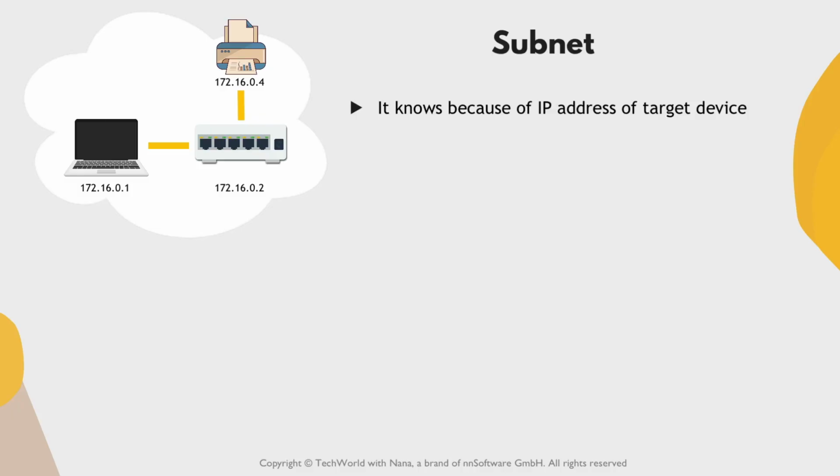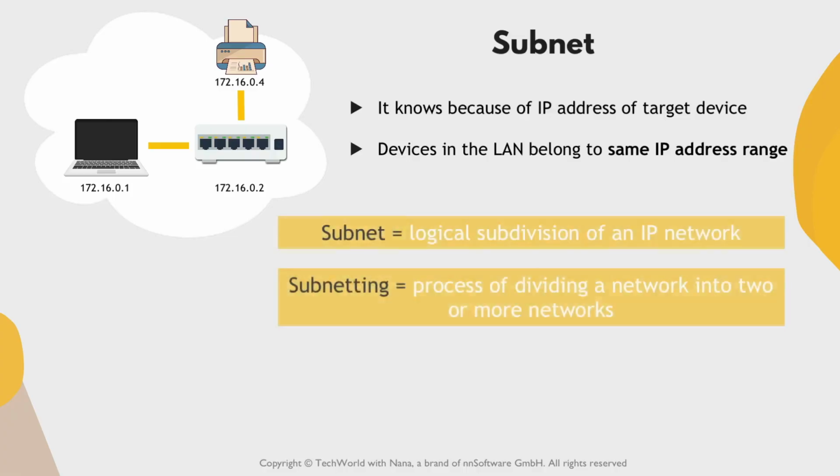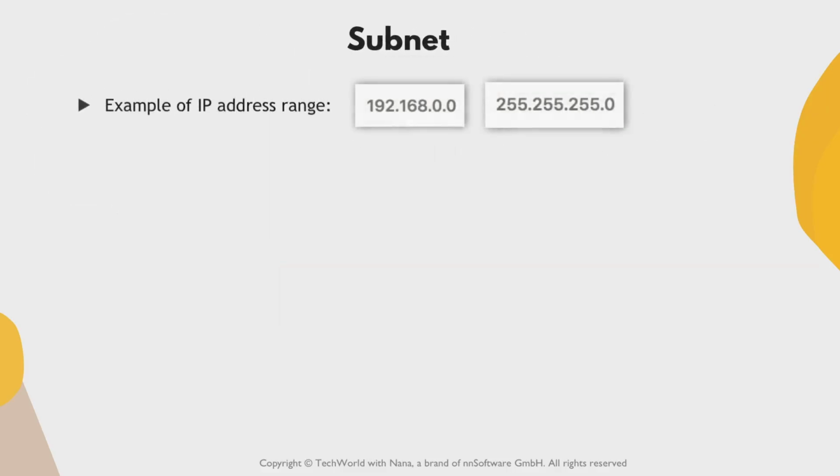Well, these IP addresses aren't random. They all belong to the same range of IP addresses to identify devices in the same network. And that IP address range is represented by a concept called subnet or subnetwork. This is how an IP address range for a LAN can look like.